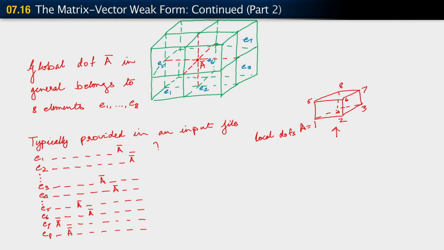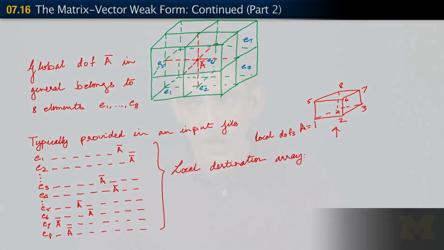Some authors and some books refer to this as a local destination array. Okay, but that's just a very specific name for it. Anyhow, the important thing is that we need to provide this sort of information.